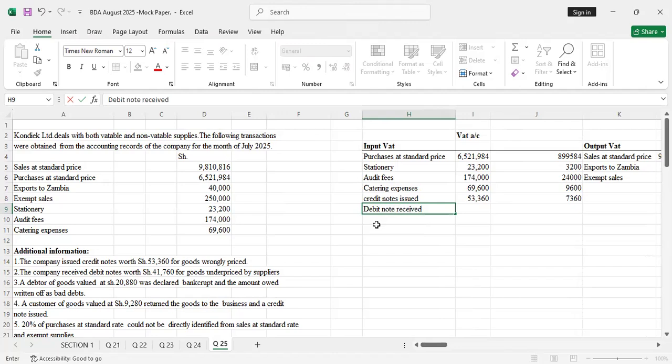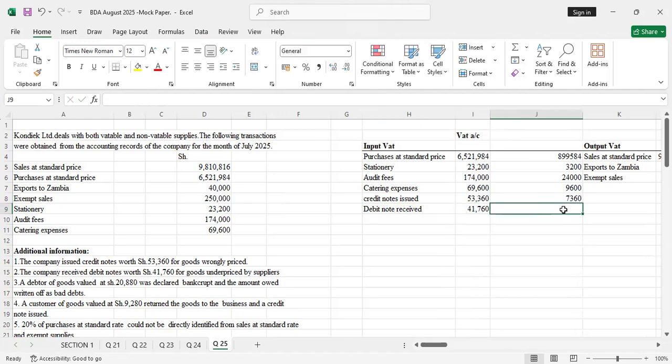Yeah, so you can see debit note received is also an input VAT. So we look for the amount. It was 41,760. And the VAT will be equals to 41,760 times 16 over 116. Yeah, so we have that.